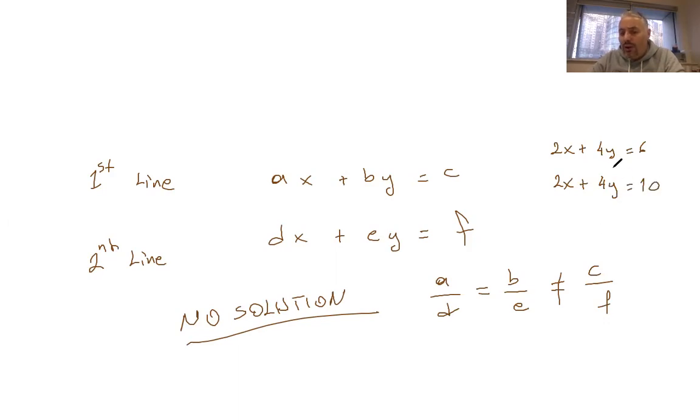Okay, so these are almost the same, but these parts are different. So we say that there is no solution. Even we can say that a is equal to d, b is equal to e, but c is different from f, and then there is no solution.